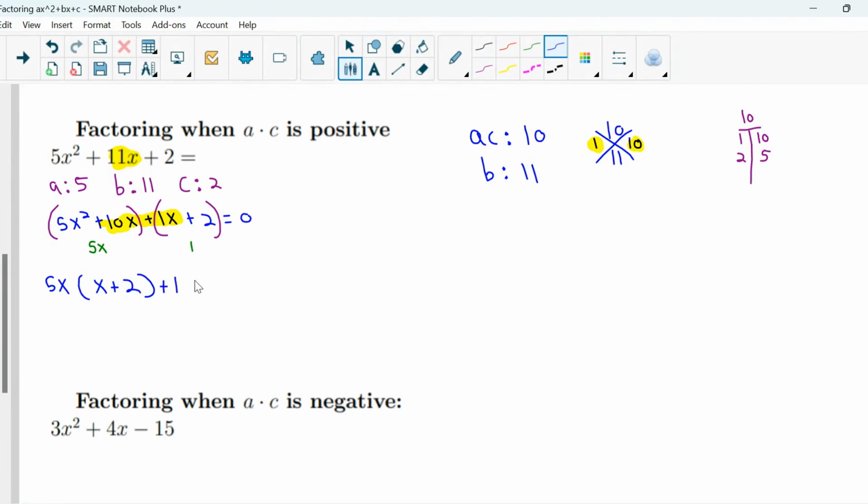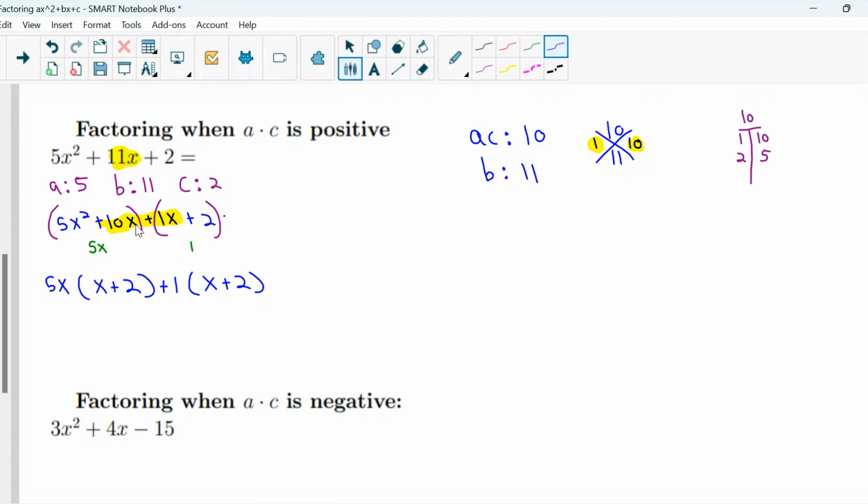So I have plus 1 times 1x divided by 1, which is obviously just x. 2 divided by 1 is obviously just 2. And that all is set equal to 0.